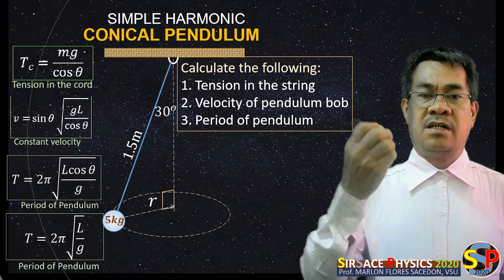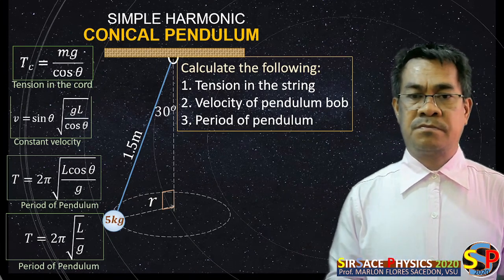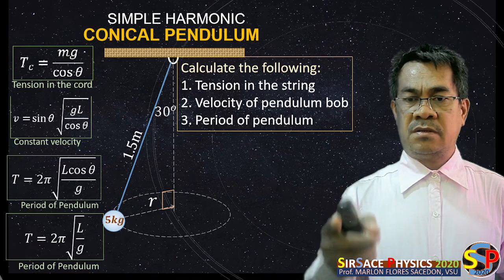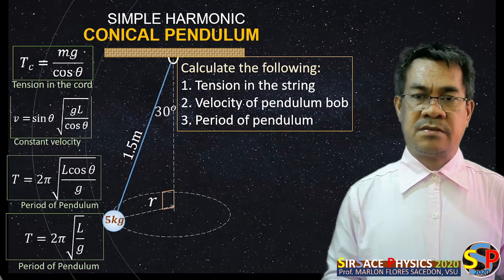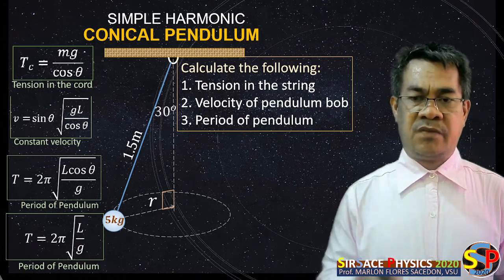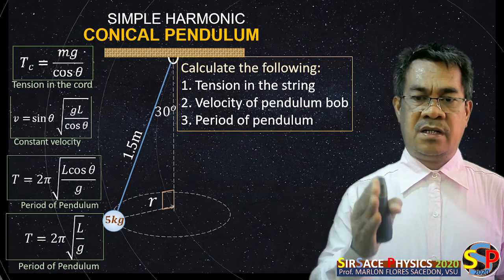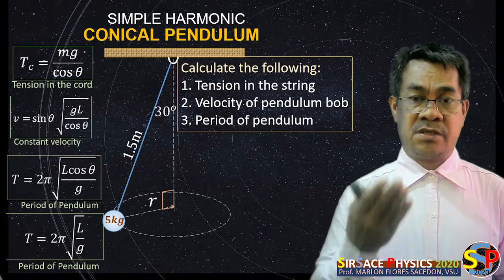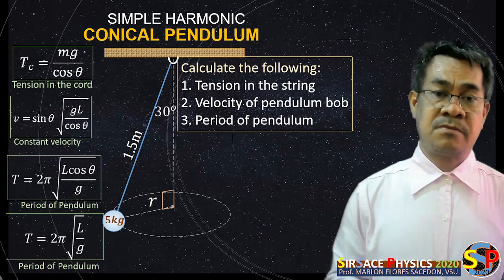And lastly, calculate the period of the pendulum. Remember, there are 2 formulas for that. But take note that the angle is 30, meaning we cannot use the 2 pi square root of L over g because the angle is more than 10 degrees.